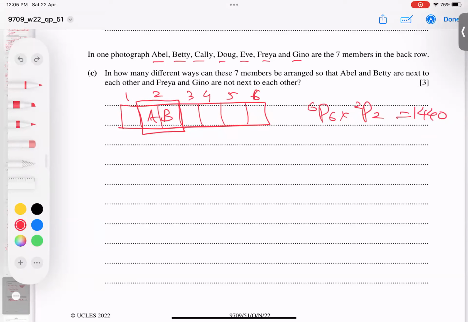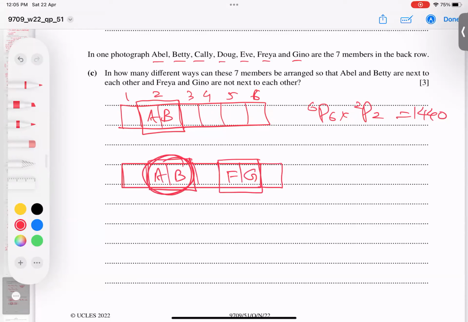Now I talk about 1, 2, 3, 4, 5, and 6. For example, now I say that A, B are together and F, G are also together. Then they will tie the chairs and tie the chairs. 1, 2, 3, 4, 5.